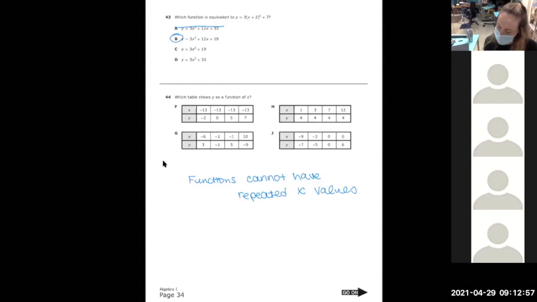In order for any of these to be a function, they cannot have repeated x values. So we can automatically cross off F because it has 13, 13, negative 13, negative 13, negative 13. We can cross off G because it has -1 and -1. We can cross off J because it has 0 and 0. So all of those are not functions, and the only one left is H.